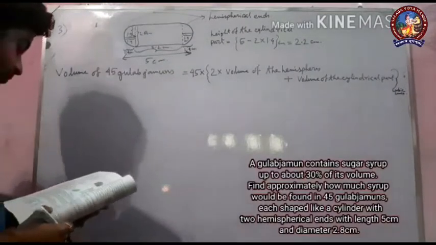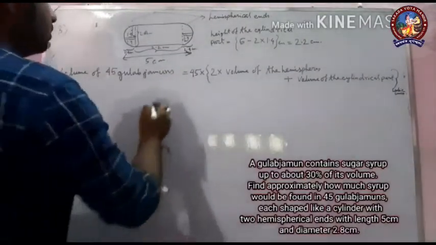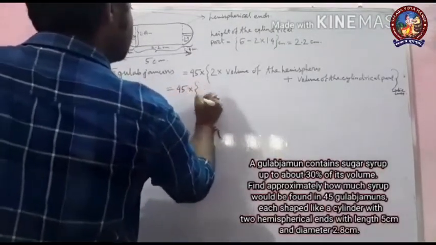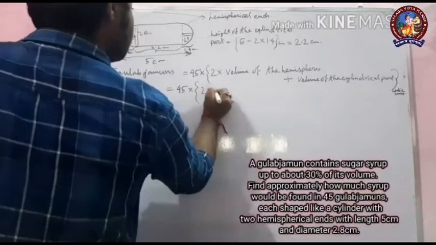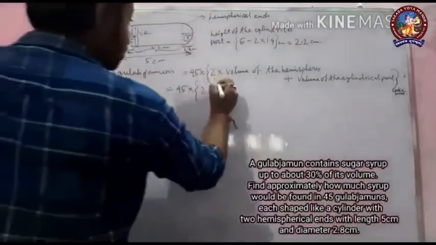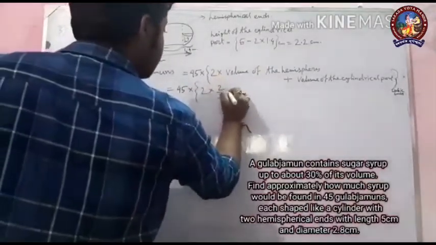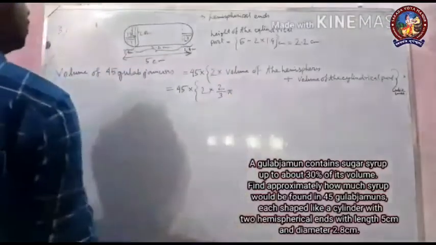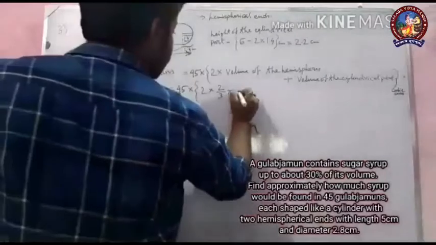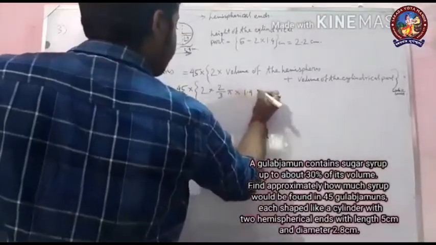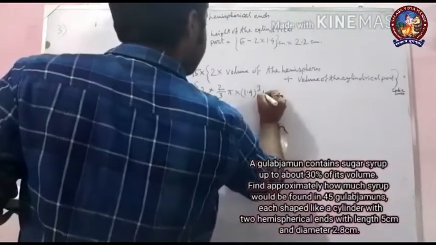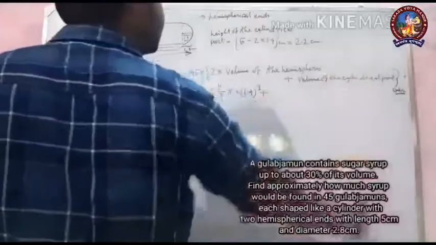Now let's put the values here according to the formula. This will be 45 into volume of the hemispheres. The formula for the volume of a hemisphere is 2/3 pi r cube, where r is the radius, that is 1.4 centimeter, plus volume of the cylindrical part.